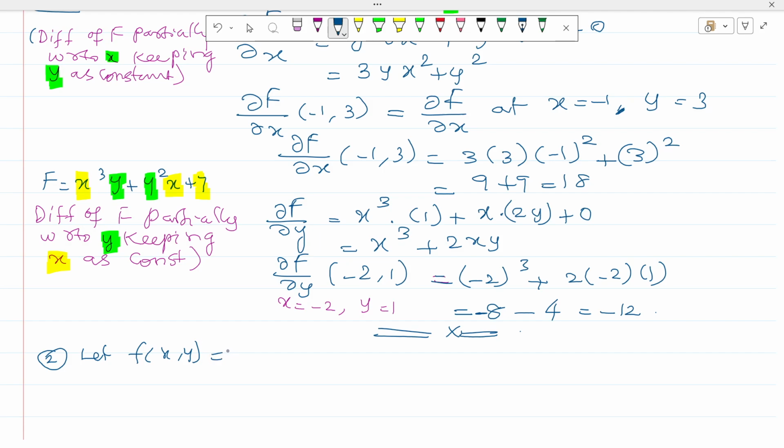Okay. Let f of x comma y equal to sin xy square plus e power x cube plus 5y.